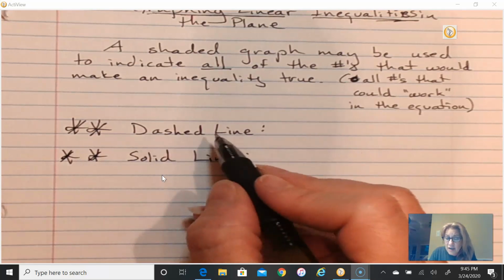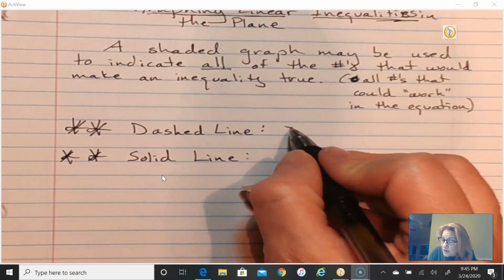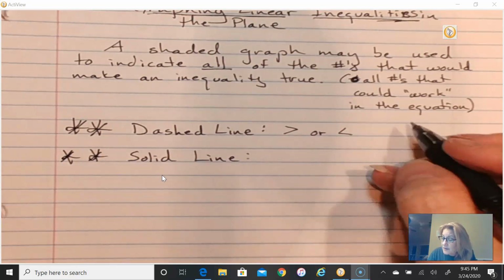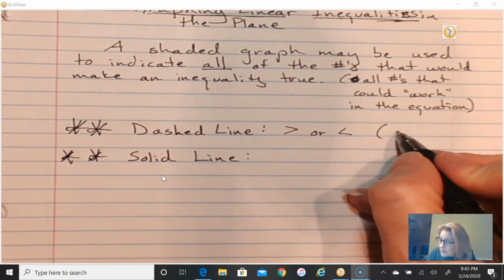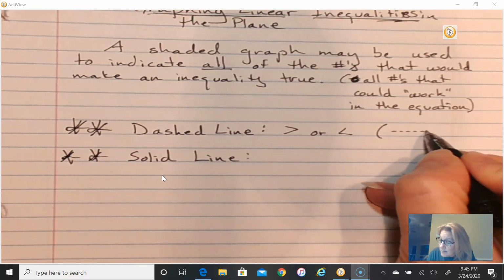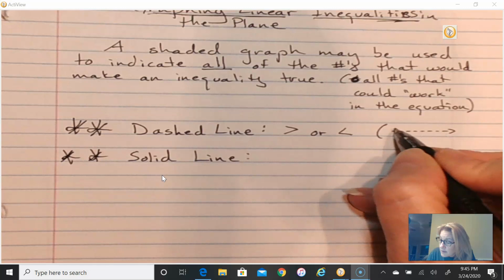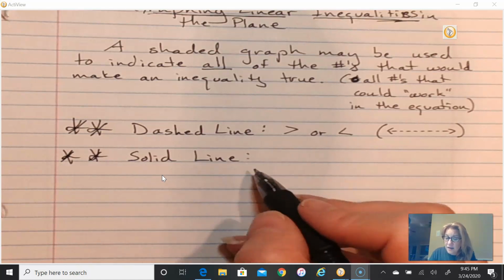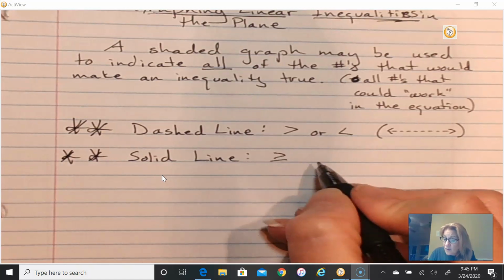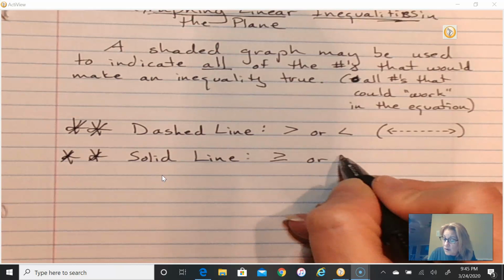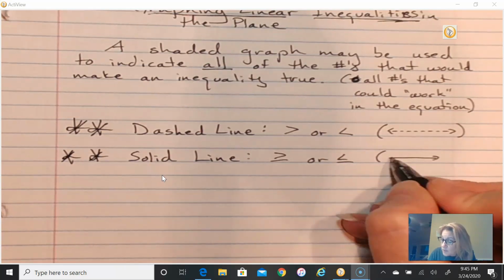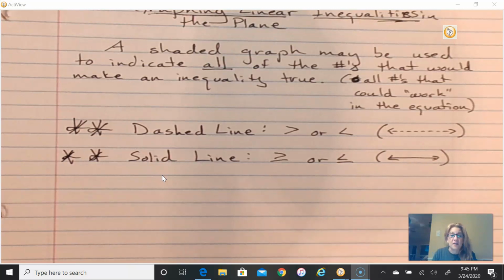A dashed line will be used if there's a greater than or less than, and it will look like this. Okay? A solid line will be greater than or equal to or less than or equal to, and it will look like exactly what you've been doing, just a regular solid line.